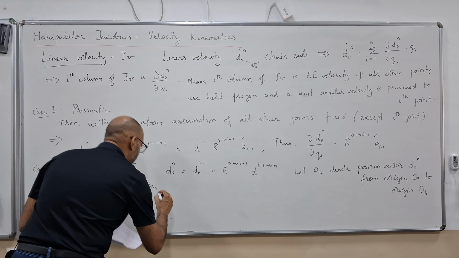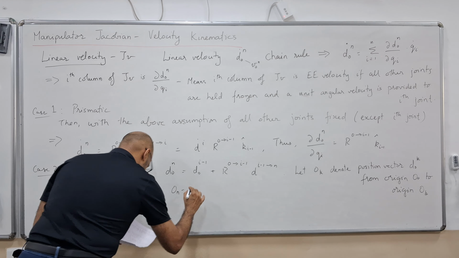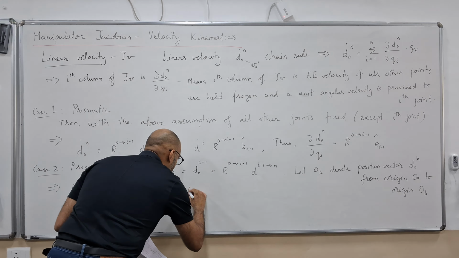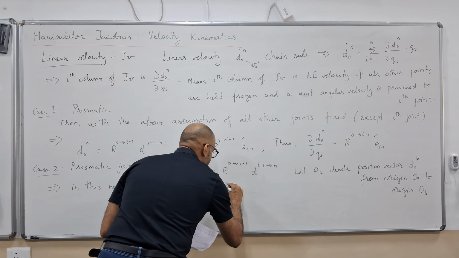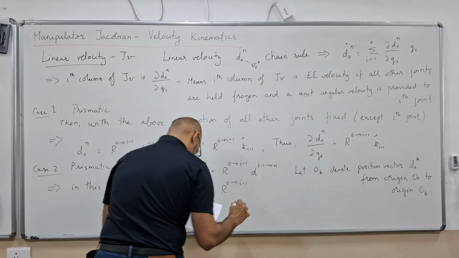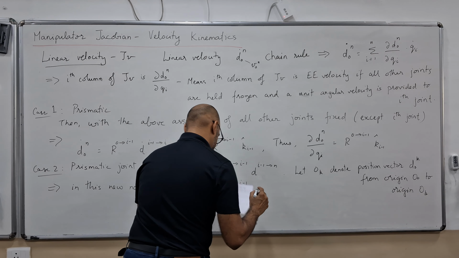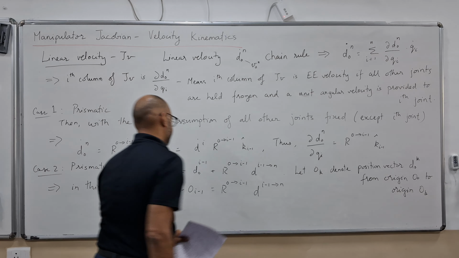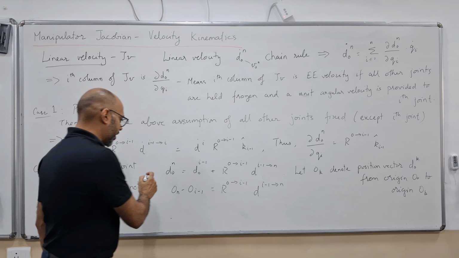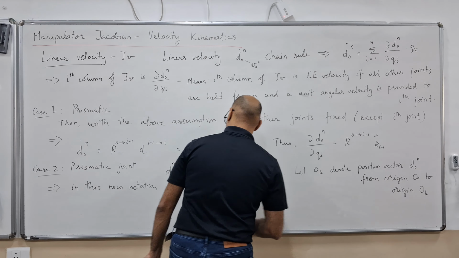So I would write this as On minus Oi minus 1 is equal to R0 to i minus 1 times di minus 1 to n. Okay, this we will just save for later. We will use this later on.